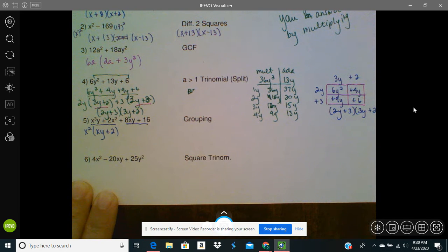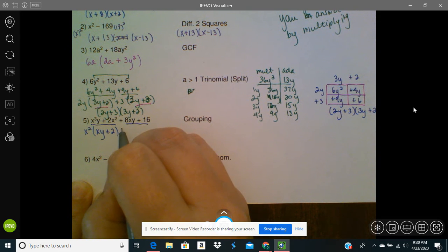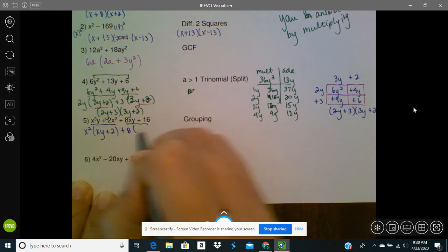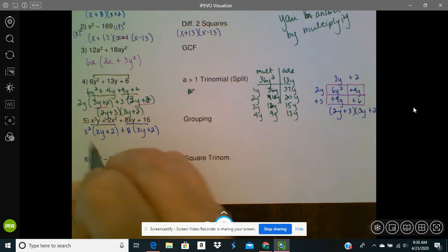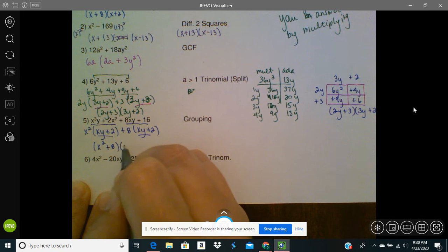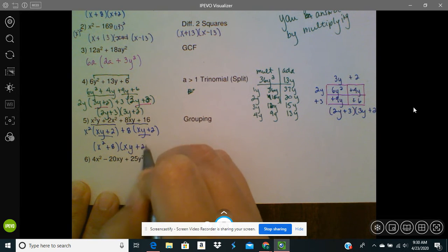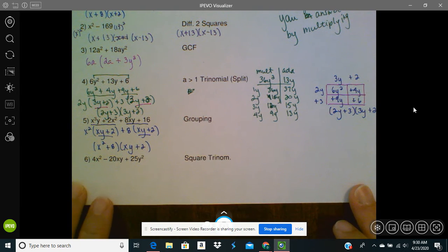What's the greatest common factor here? The greatest common factor is 8. When I divide that out, I am left with xy plus 2. Look how lovely that is. Now I'm left with x squared plus 8. And then I bring over my xy plus 2. Okay, there it is.